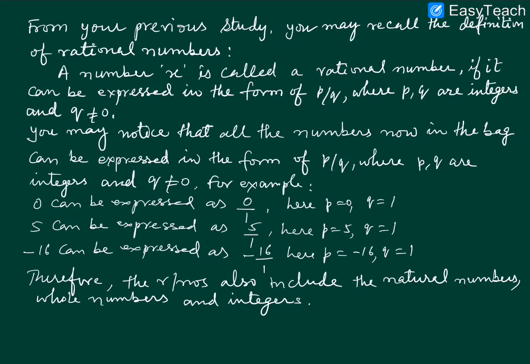Similarly, minus 16 can be expressed as minus 16 by 1. Here p is minus 16 and q is 1. Therefore, the rational numbers also include the natural numbers, whole numbers and integers.